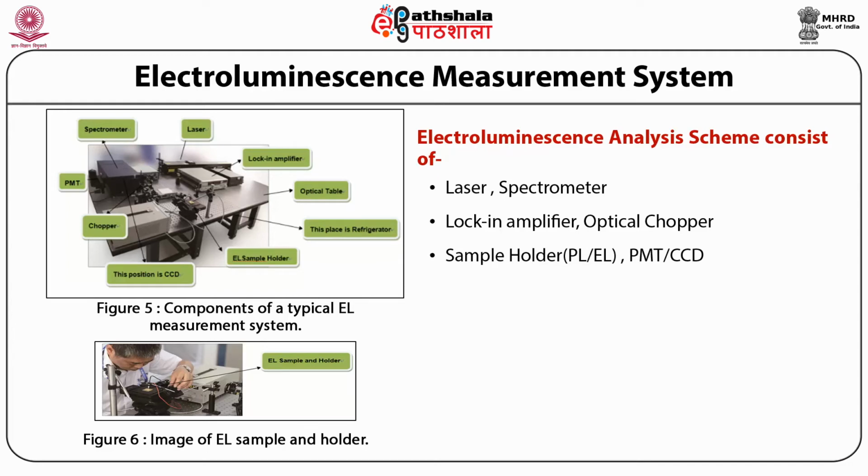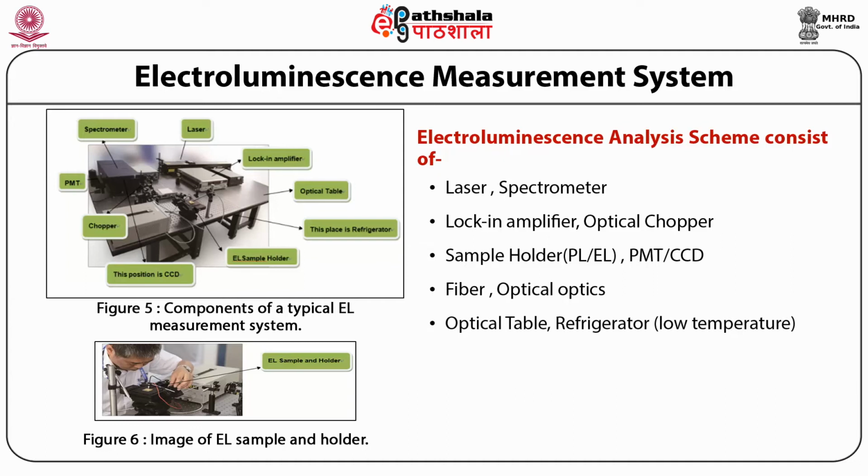The EL sample holder is shown in figure 6. Also, it has a PMT or CCD, a fiber, optical optics, optical table, low temperature refrigerator, sample chamber, and the related accessories.